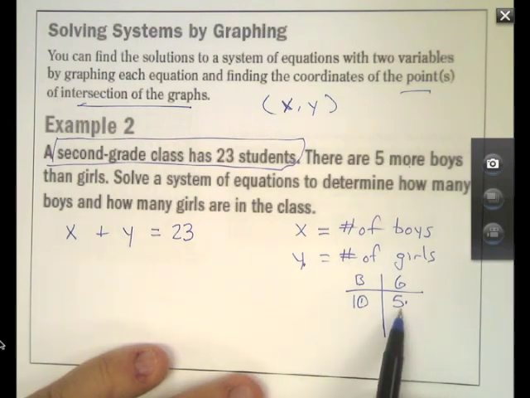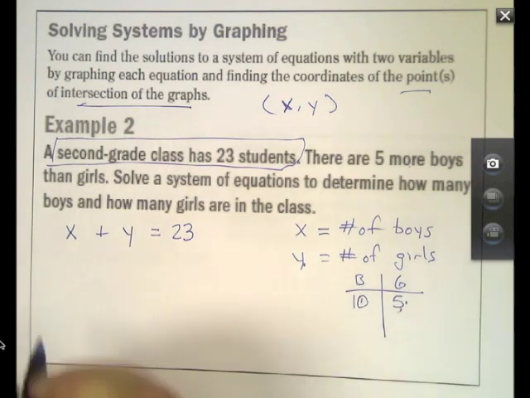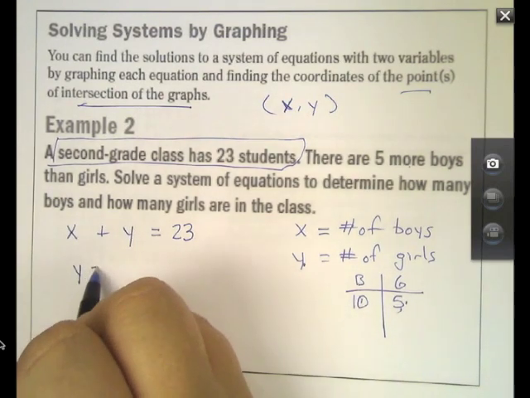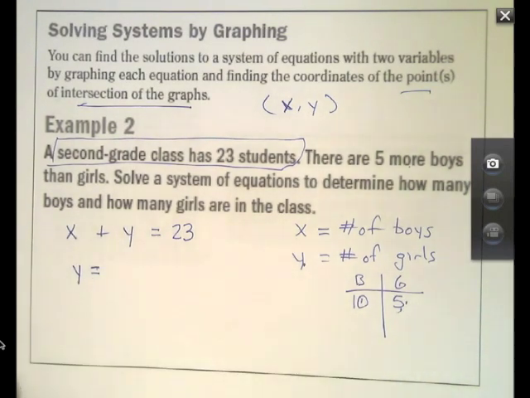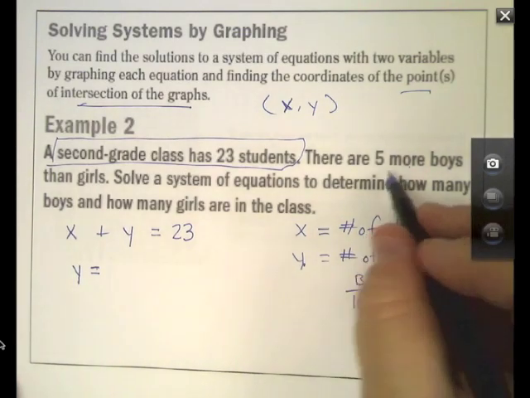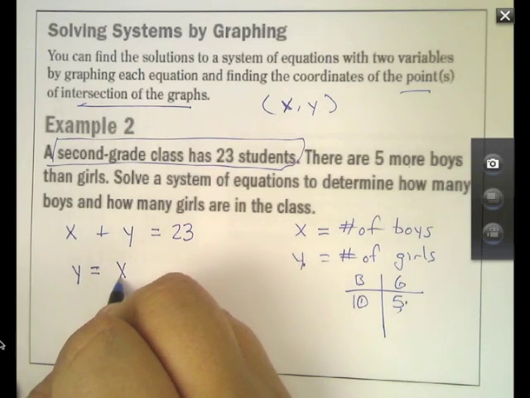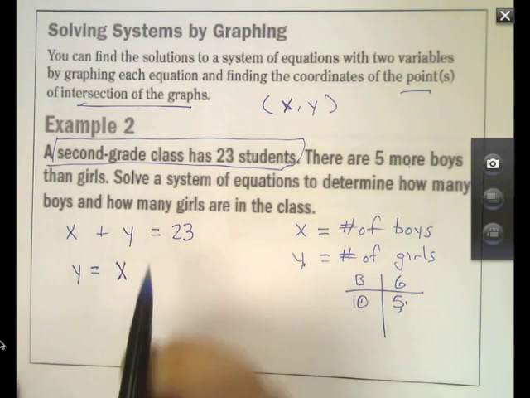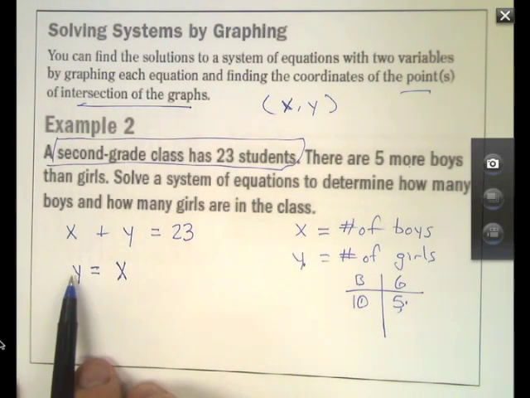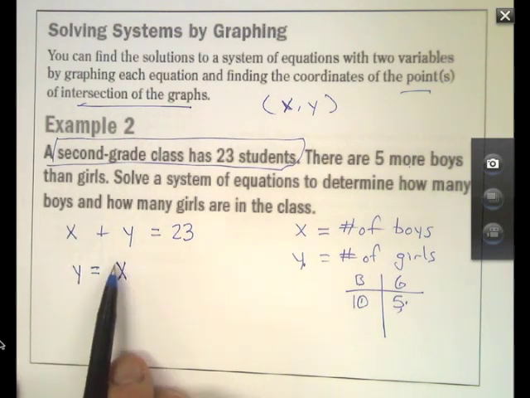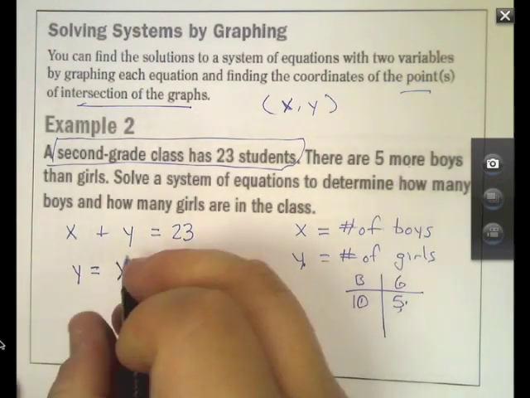Well, girls is y, y equals the number of boys. How many boys do we have? We have x boys. So to find out your girls, you would take the number of boys and subtract 5.